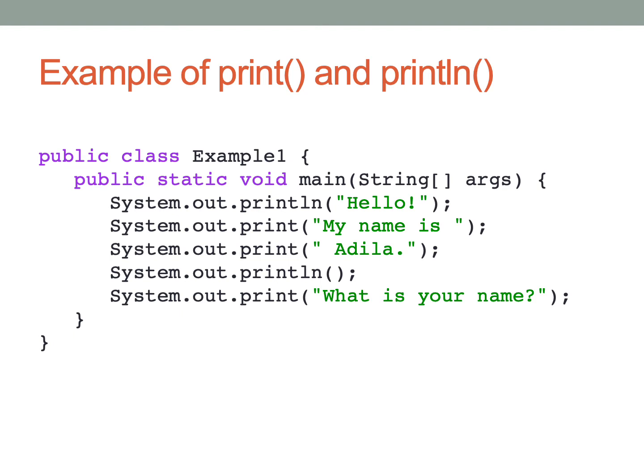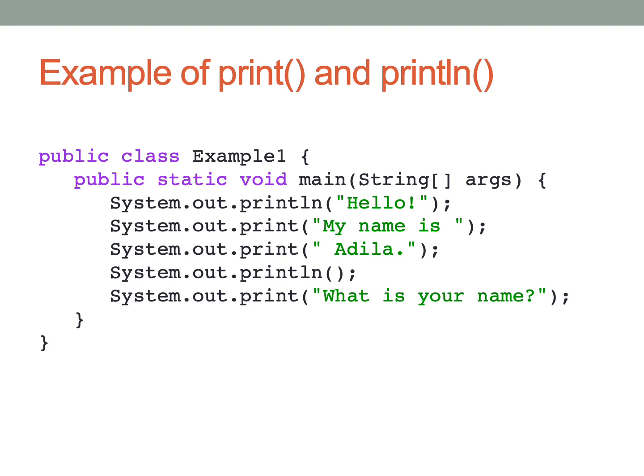Let's look at this example of println and print. What do you think the output we will get when we run this program? In the first line, we have System.out.println hello. That means it will display the word hello and then the cursor will go to the next line because we use println.